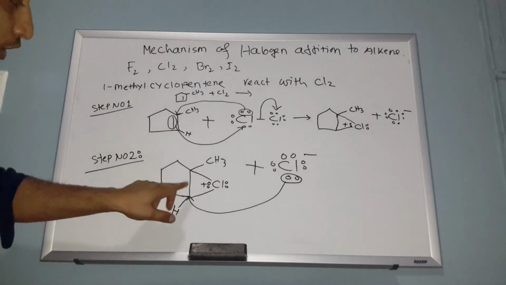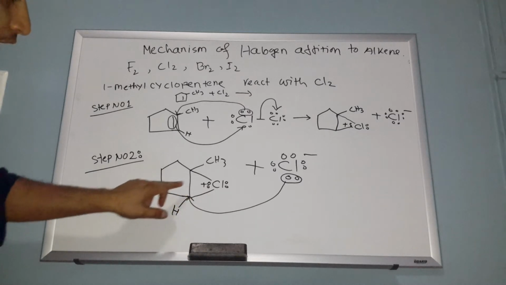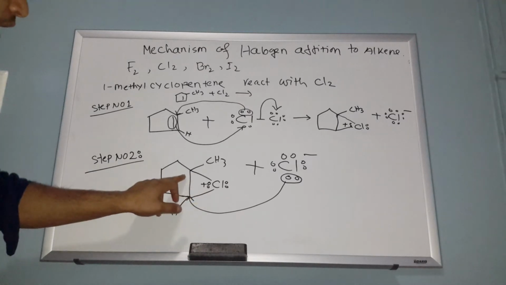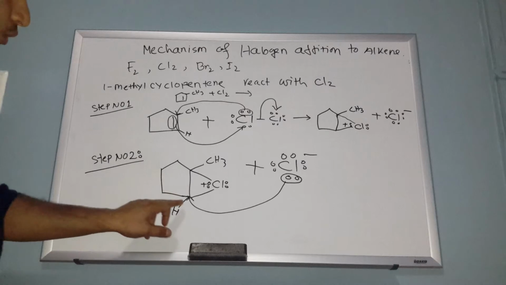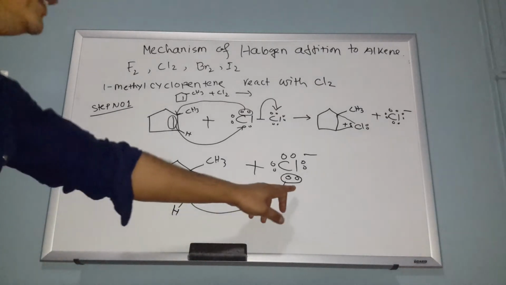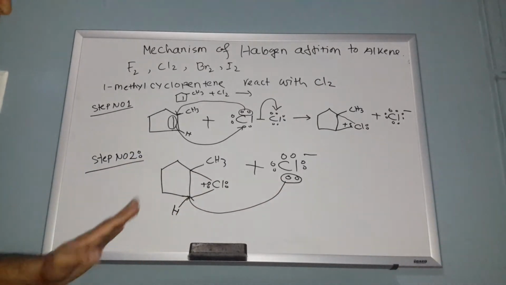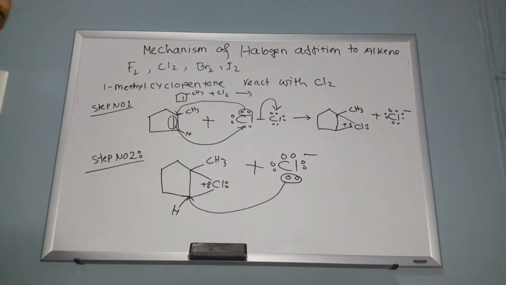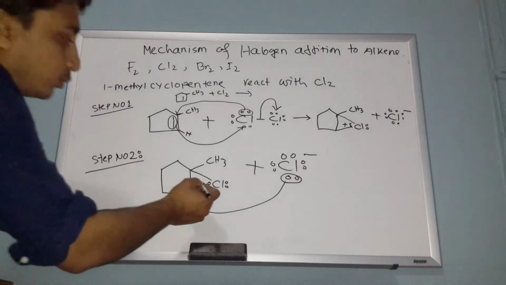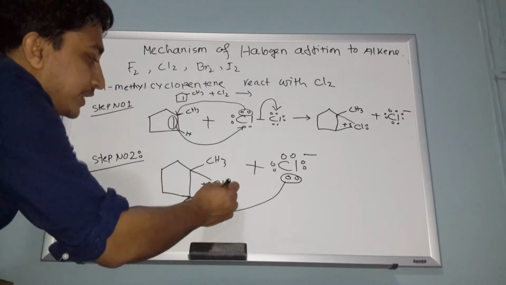So look, for this carbon it is 1, 2, 3, 4 bonds. When this chlorine attacks here, that makes it 5. But carbon doesn't need 5 bonds, carbon needs only 4 bonds. That's why this bond will automatically break down.